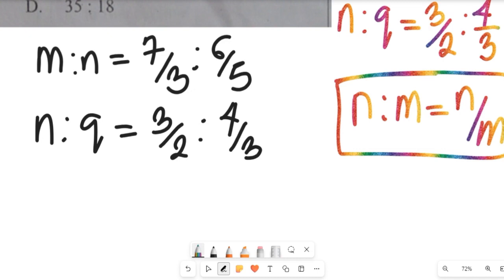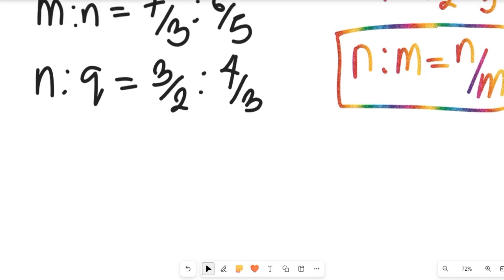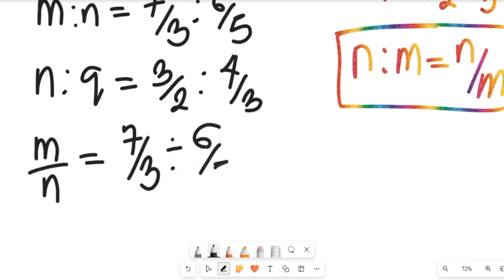So always look at ratio as this, and that will help you decipher the meaning of ratio. Now if we have m ratio n in that first expression, it simply means m divided by n, and that will give us 7 divided by 3 divided by 6 divided by 5.